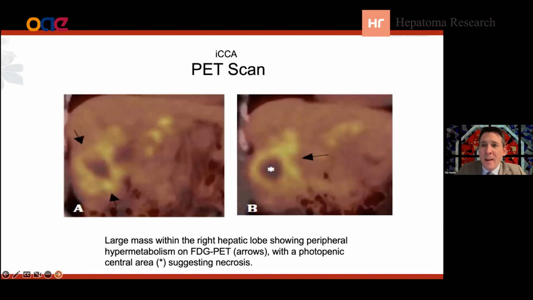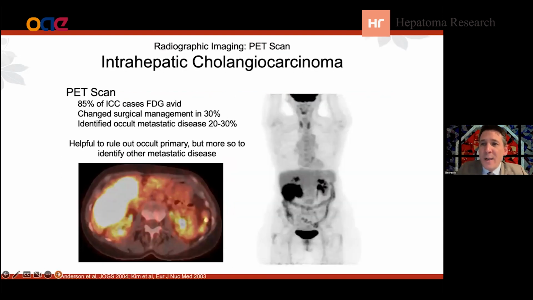I tend to use a fair amount of PET for these patients because intrahepatic cholangiocarcinoma is very PET FDG avid. And in about 20 to 30% of patients, the PET will change your therapeutic approach. It may identify otherwise occult metastatic disease.